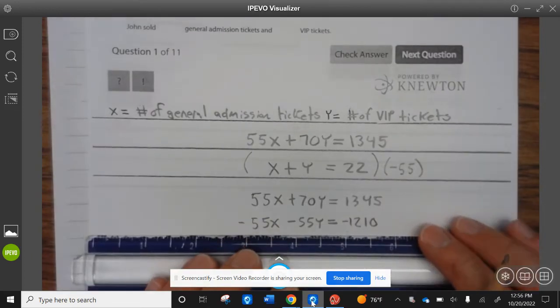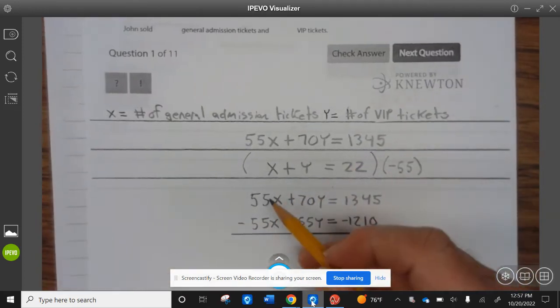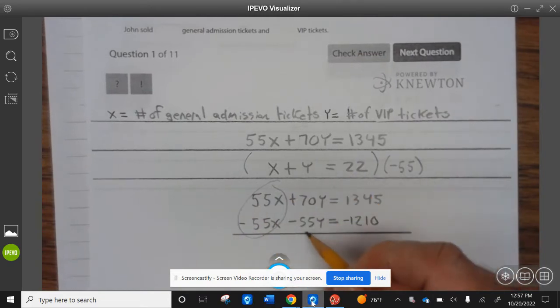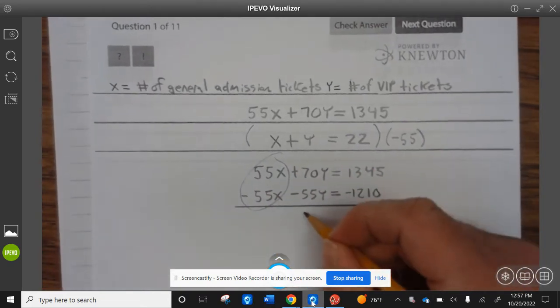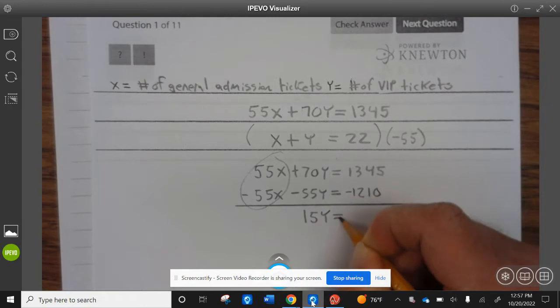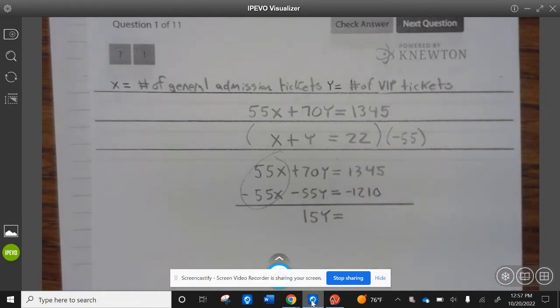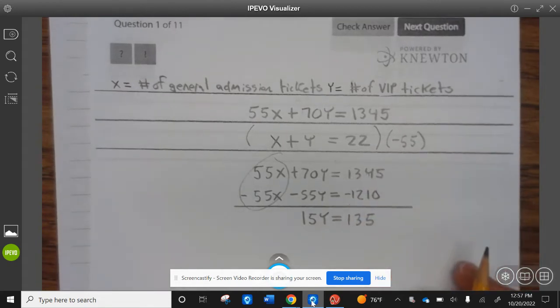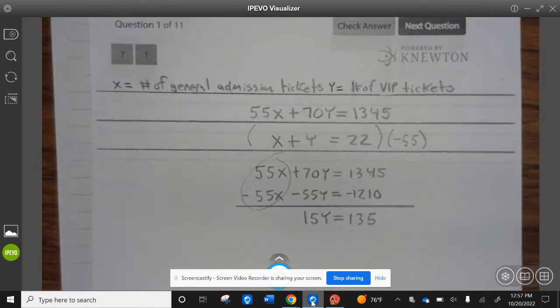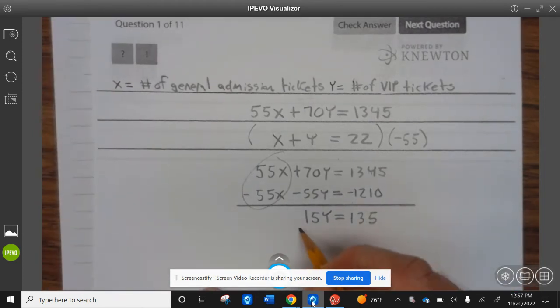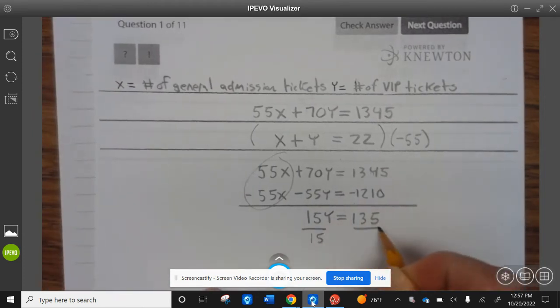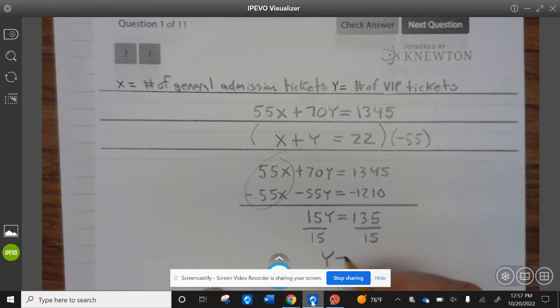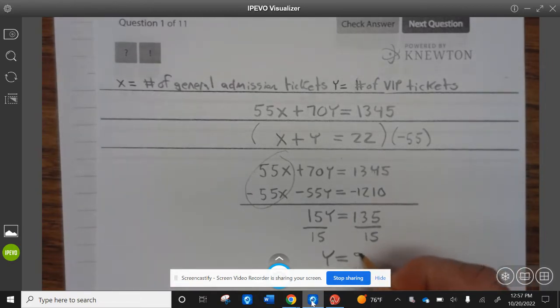So the x's become 0. That's 70y minus 55y is 15y. When you subtract these, that's 135. Divide both sides by 15. So y equals 9.